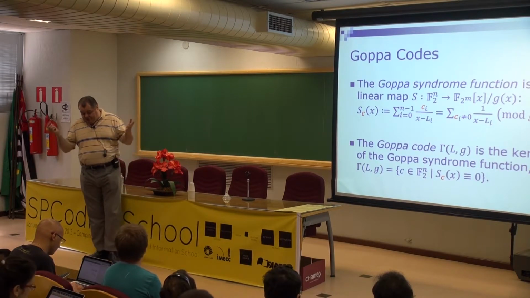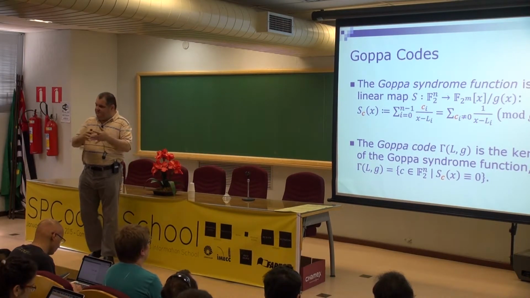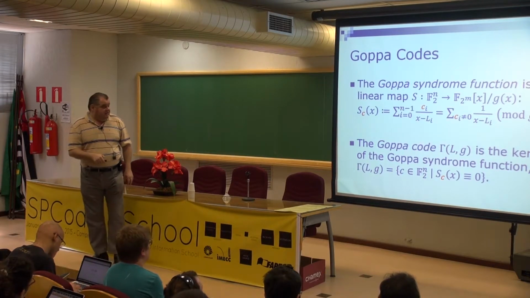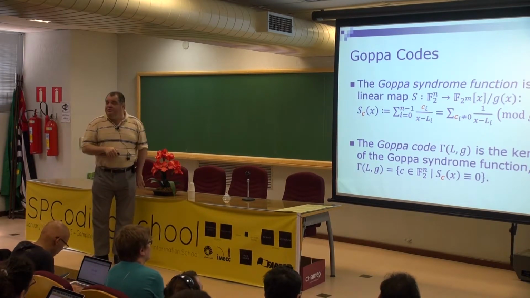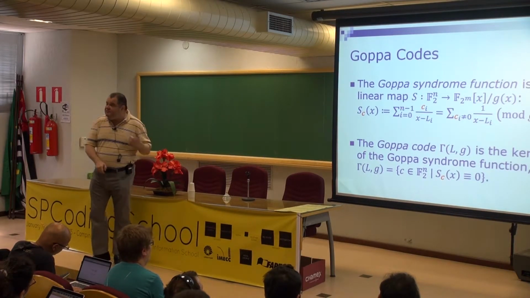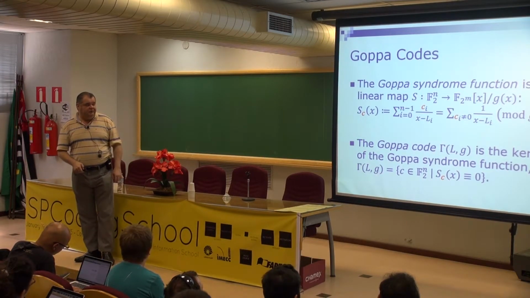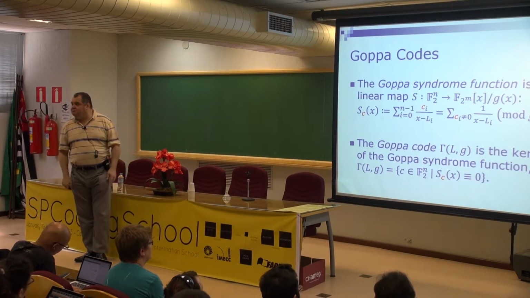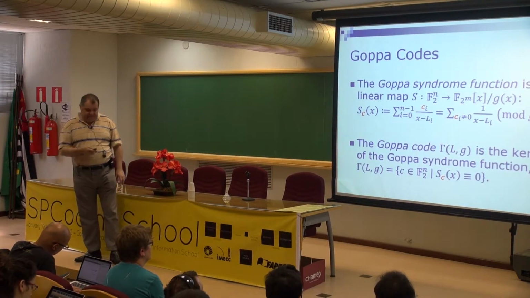We are just multiplying by the weight and adding everything. So that's fine. Finally, the Goppa code Gamma of L, the support, and G, the Goppa polynomial, is the kernel of this syndrome function. Simple as that.